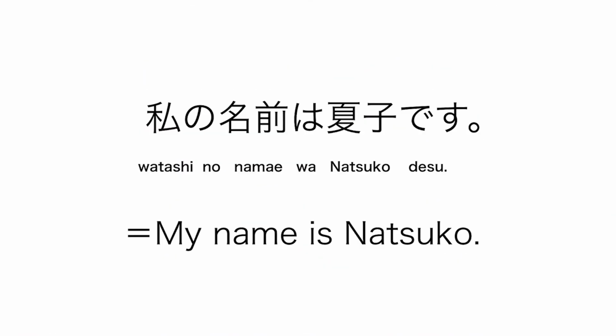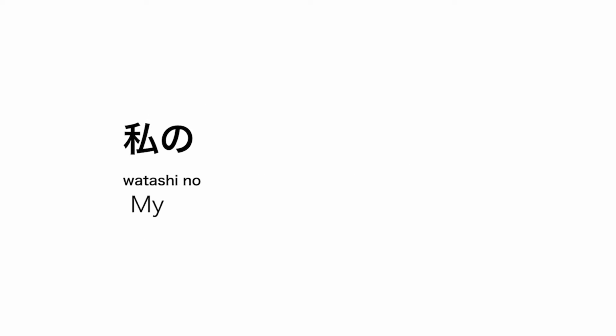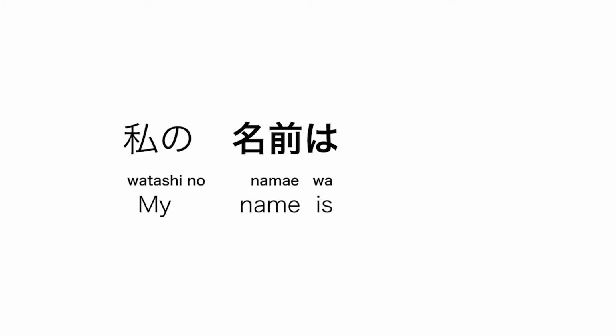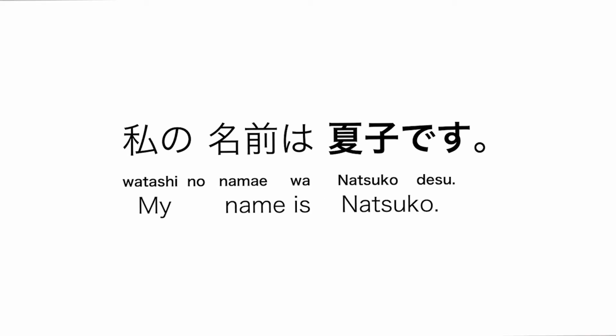For example, 私の名前は夏子です。私の, my. 名前は, name is. 夏子です。Natsuko.